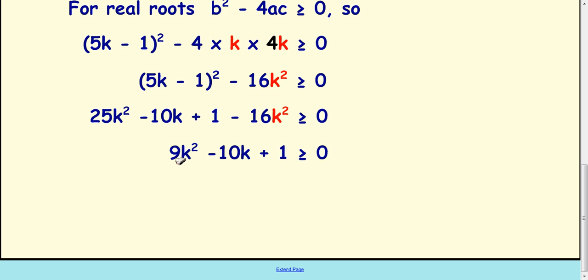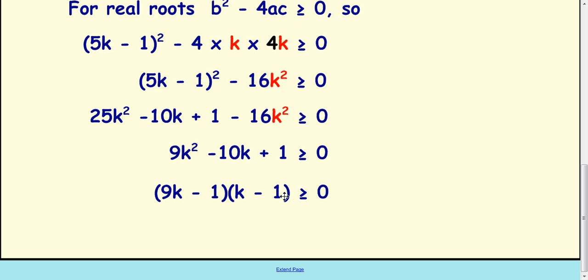So you need a 9k at the start, and a k at the start of the next bracket, and a 1 and a 1. You could have a 3 and a 3, but 3 and a 3 is not going to give you your 10. So it's going to end up like this. 9k times k gives you the 9k squared. Negative 1 times negative 1 gives you your 1 at the end. And you've got a negative k from this part, and a negative 9k from this part.